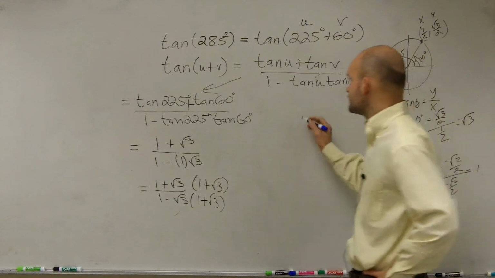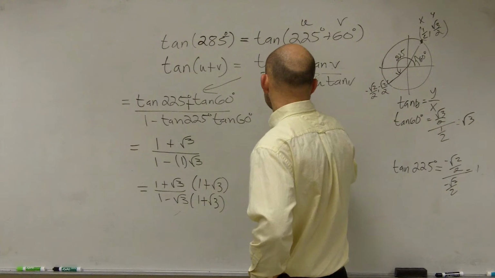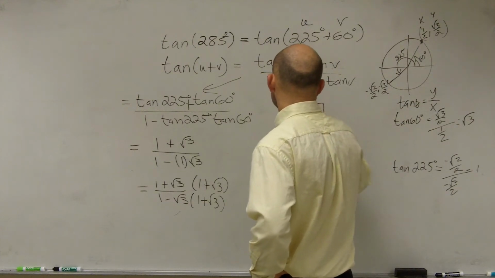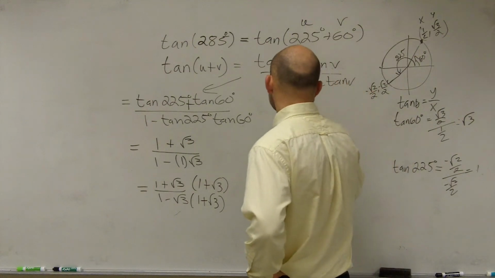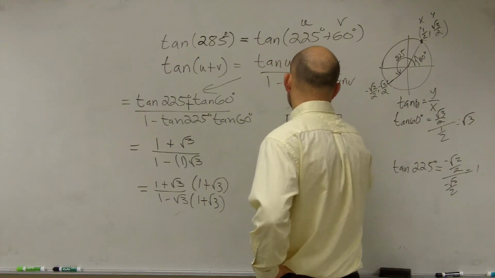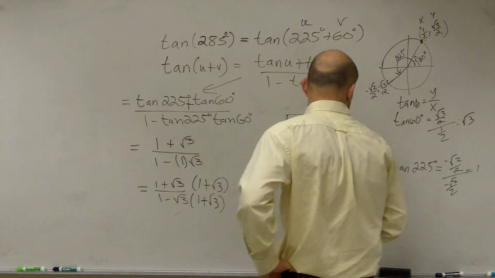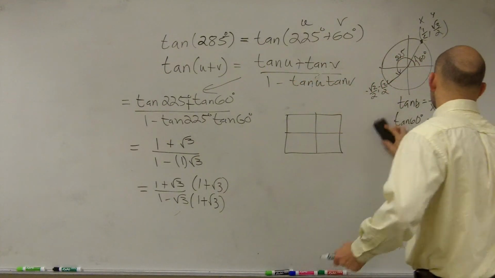OK. So the best way that I like to go through multiplication, ladies and gentlemen, is I like to use the box method. It's just an easy way to make sure everything is organized. Let's actually erase this.